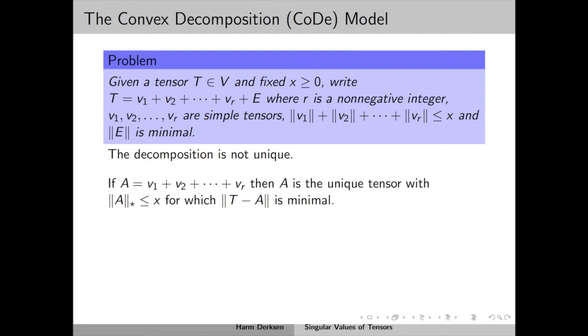So in some sense, same as we did before, where we fixed the rank R and found the best rank R approximation, now we can also fix the nuclear norm and find the best approximation with that given norm. And it's nicer because that problem always has a unique solution. So this approximation will be unique, but maybe its decomposition in rank 1 tensors may not be unique.